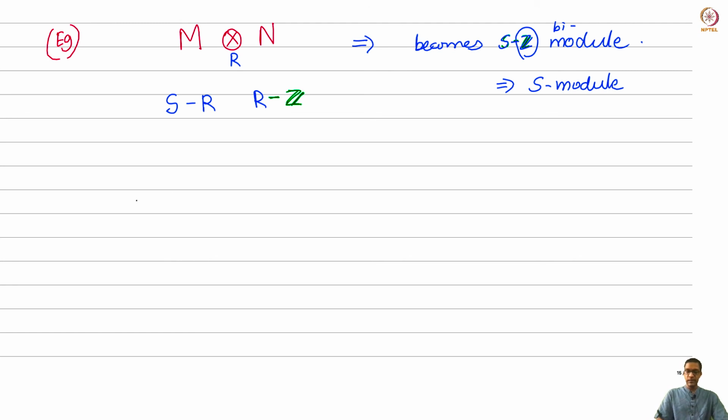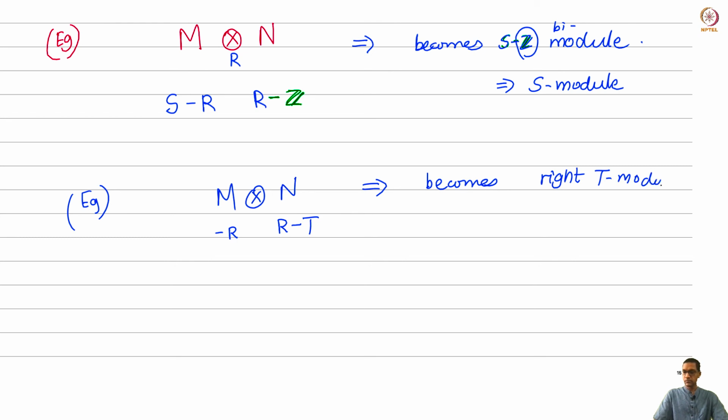Similarly, let's look at the other variation. If I had M tensor N and M was a right R module, and N was some RT bimodule, then this means that the end product M tensor N becomes only a right T module, if you wish. Here, when I say S module, I mean left S module.